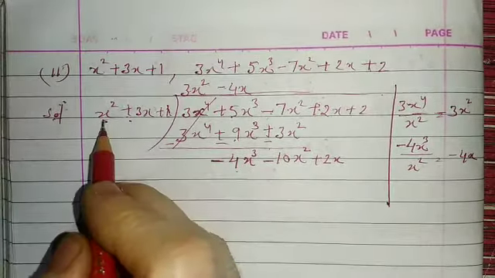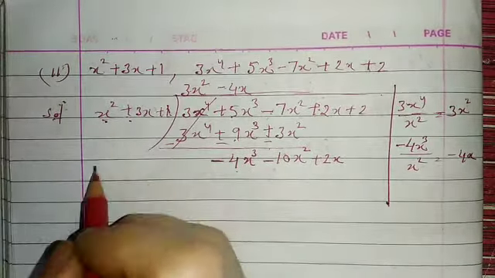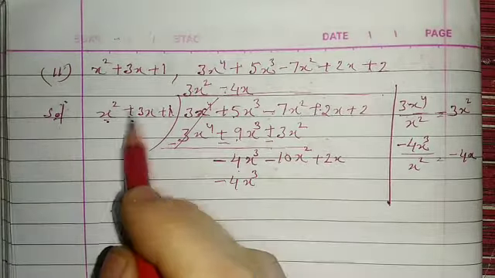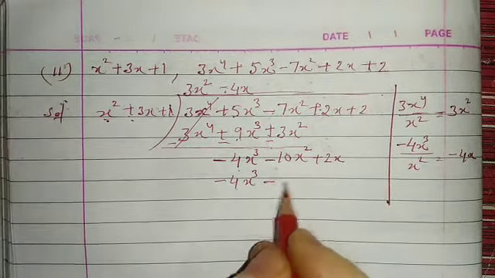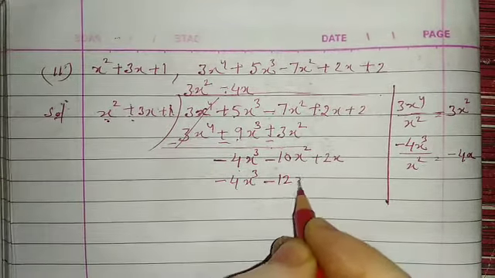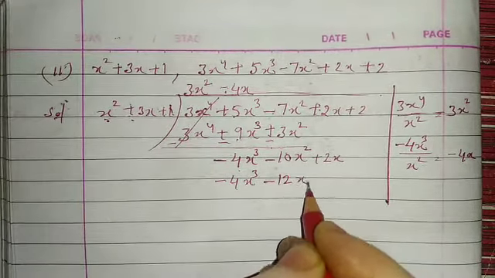Now minus 4x into x square is equal to minus 4x cube, and then plus minus minus 3 4s are 12. x into x is x square, and plus minus minus 4x into 1 is equal to 4x. So subtract it. This is plus, so it will be minus, so it will be plus.